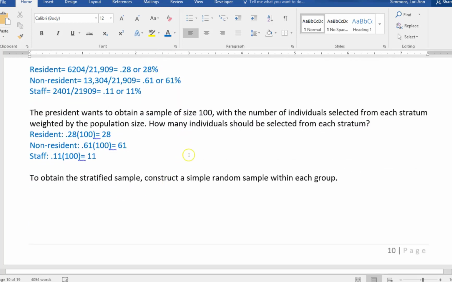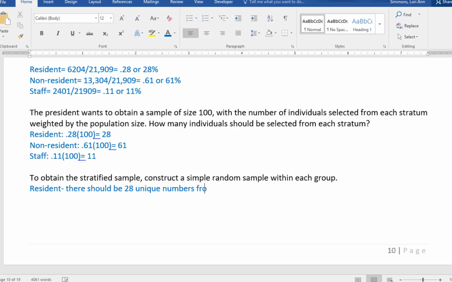To obtain a stratified sample, construct a simple random sample within each group. So what you could do is, for the resident, there should be 28 unique numbers from 1 to 6,204.